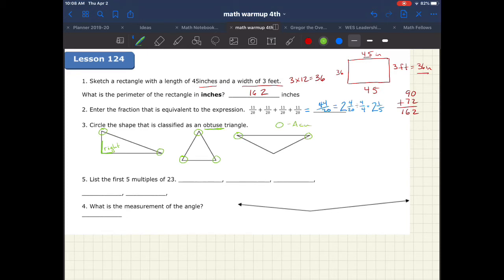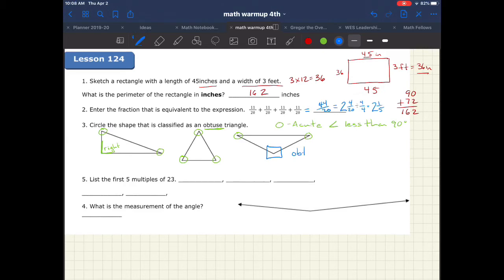The circle means acute, which means they are sharper, they are less than 90 degrees. So the one angle on here that is more than 90 degrees is right here.